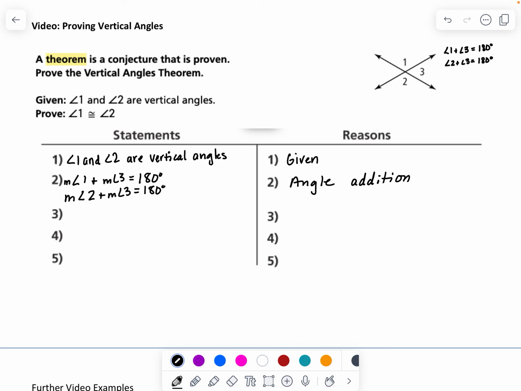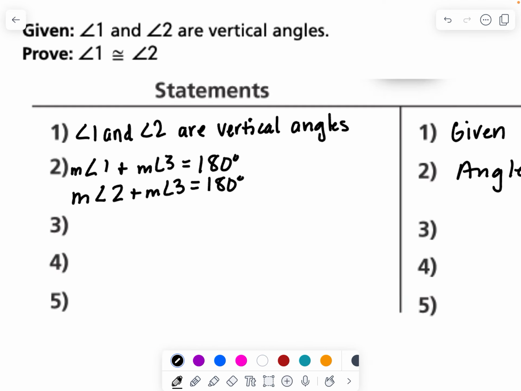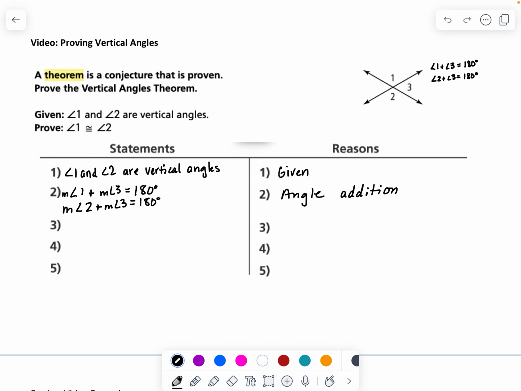Now, if we look at these two, if both of these are equal to 180 degrees, that kind of reminds me of that transitive property where if we've got A equals B and B equals C, then we can set A equal to C. That's transitive.